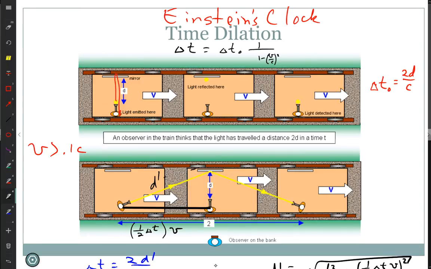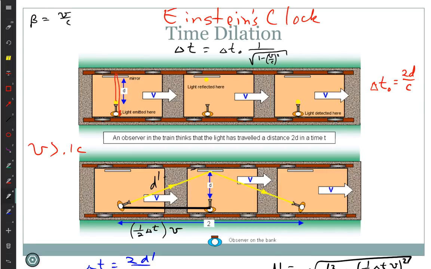Now, to save ourselves some time, we have some abbreviations. We define beta is equal to v over c. That just makes it easier to talk about the speed. It's giving us the speed in units of the speed of light. So if beta is 0.8, that means the speed is 0.8 c.